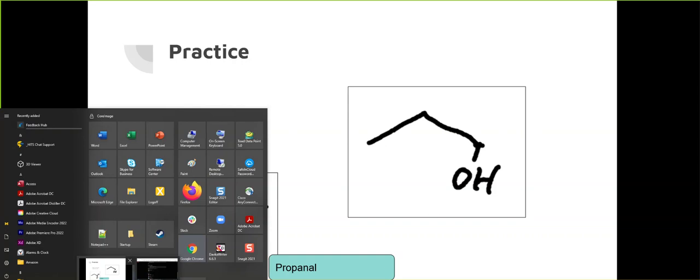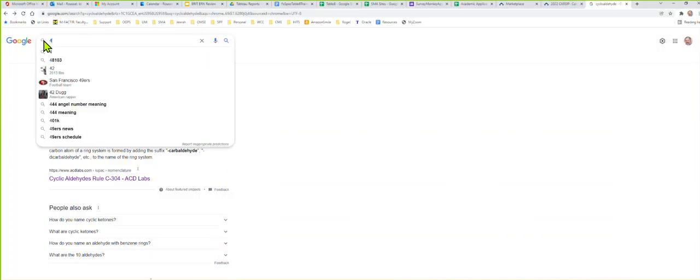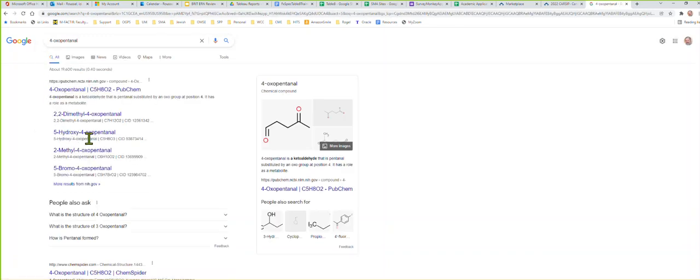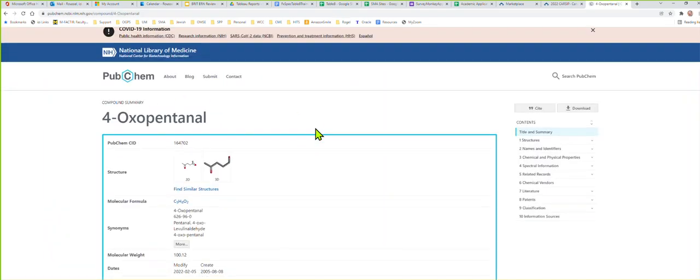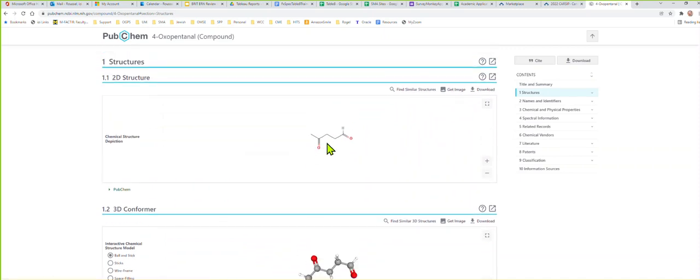Let me go to, I'm going to jump over here. Yeah, so they give an example in the book. I think I can make this larger.